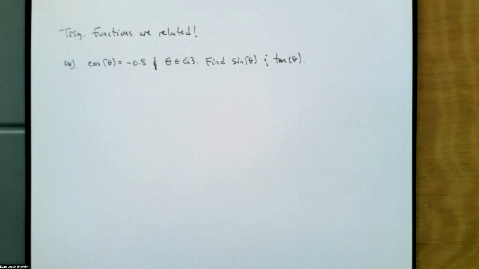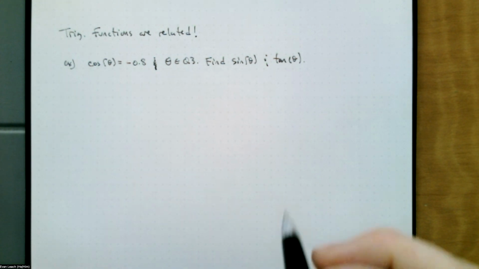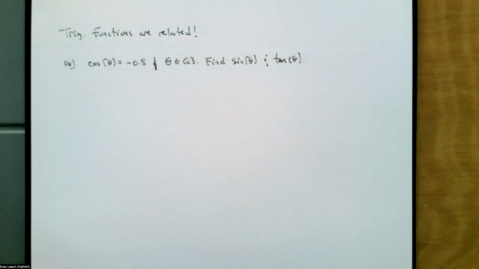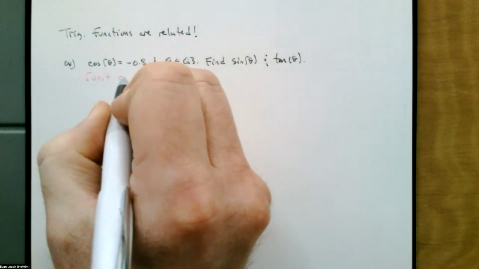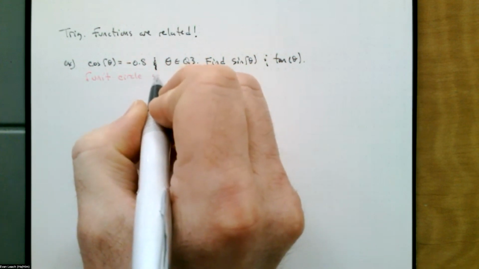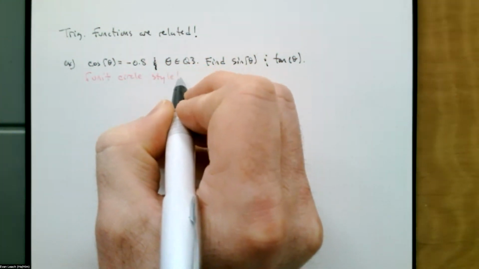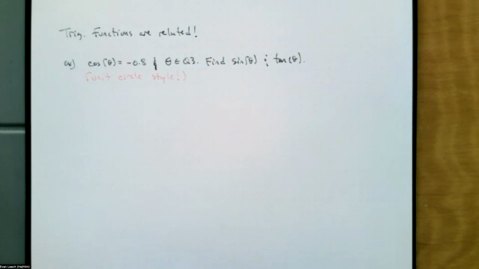We also want to do this problem with our unit circle approach. We want to think about what's going on in the unit circle. So we're going to go after this problem unit circle style.